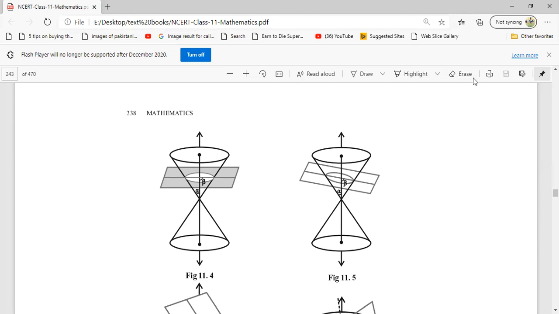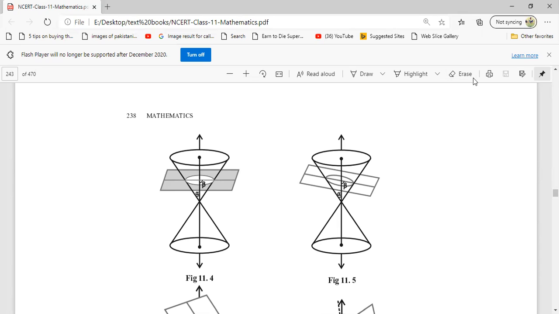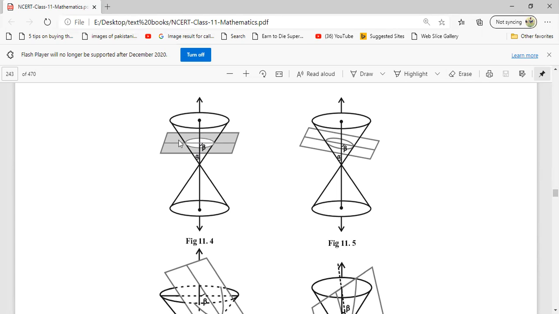This is when the plane is perpendicular, and you can see this part. This part is a circle. Okay, so this is the circle.